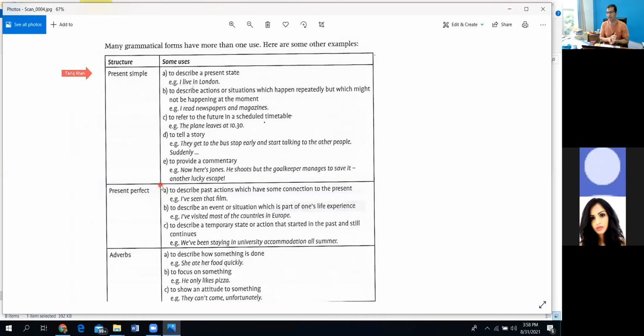So when you know that these tenses are used for this particular situation, you can easily recognize that. Now here in the TKT grammar area, they want to know whether you can recognize different grammatical functions. And they will be testing you in these three areas only.